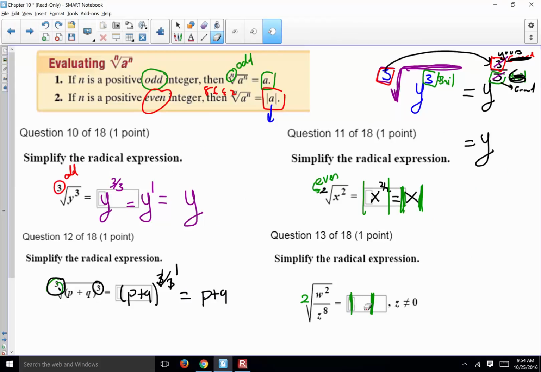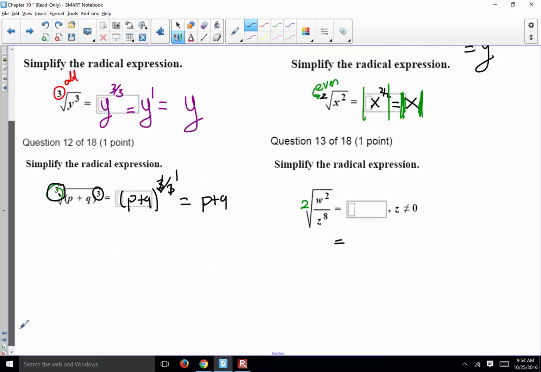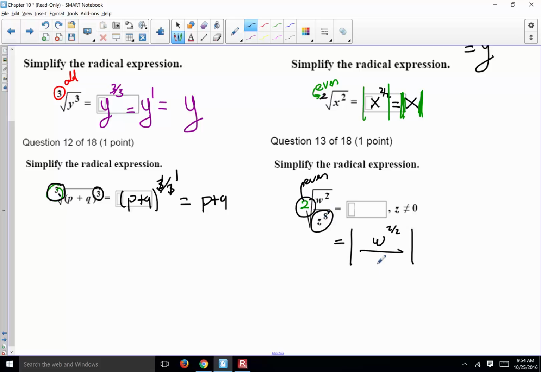And this one, I will do it right here. Before anything else, I start with an absolute value, guys, because it's even. And then I take prison guard deal between these two. 2 and 2 divide each other, 2 over 2. Prison guard issue again, 8 over 2.